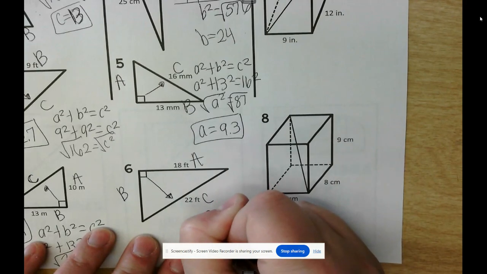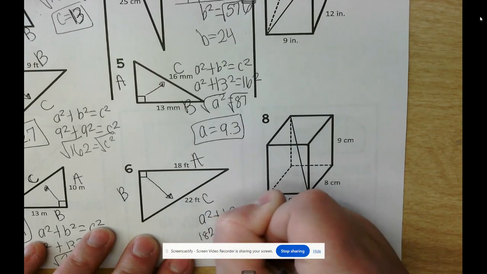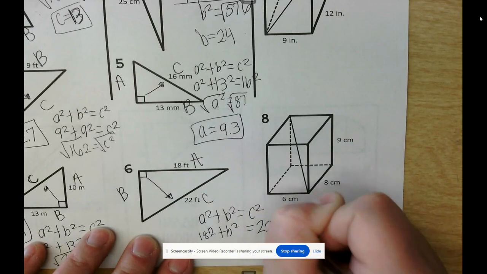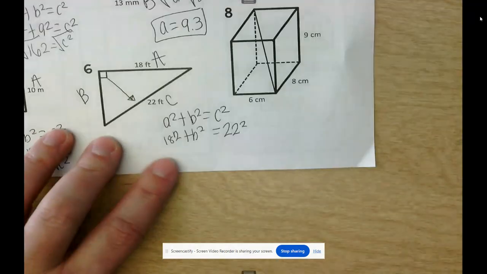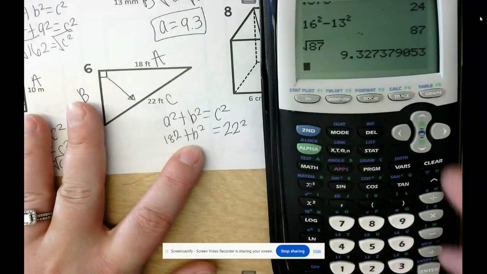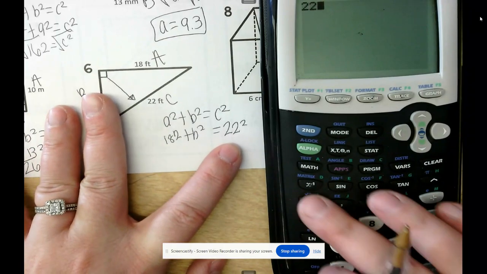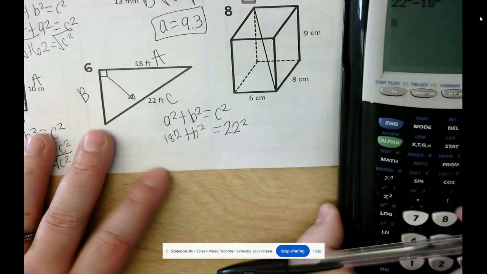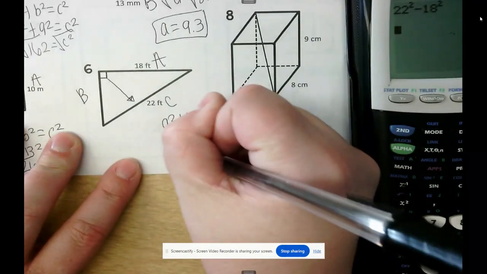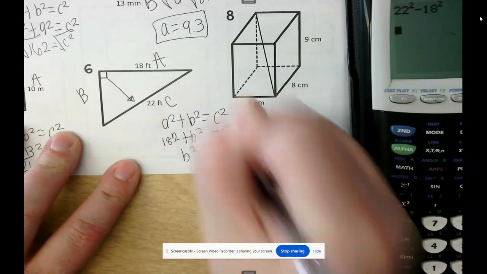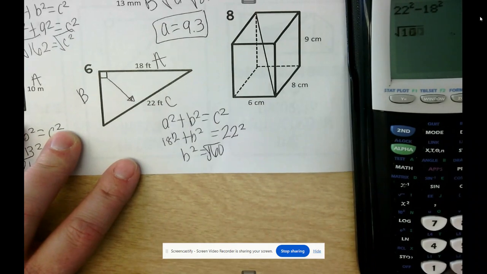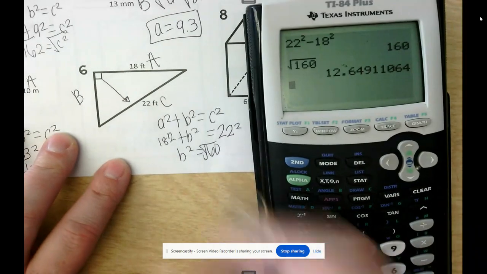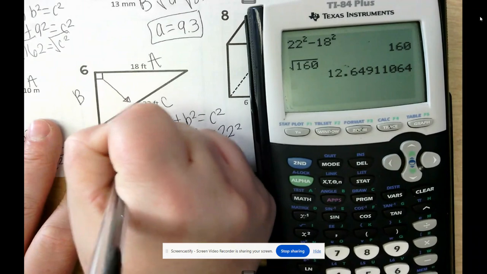This time I'm going to solve for B. Since I'm solving for B, again, we're going to subtract. So we're going to do 22 squared minus 18 squared, which is 160. And then we're going to square root it. And so we get 12.6.